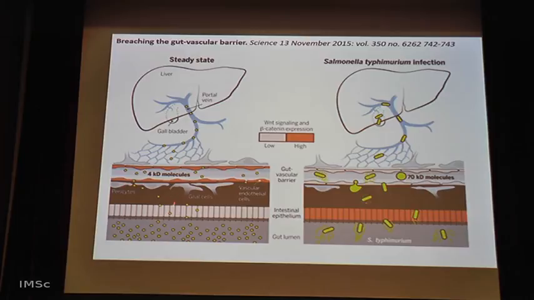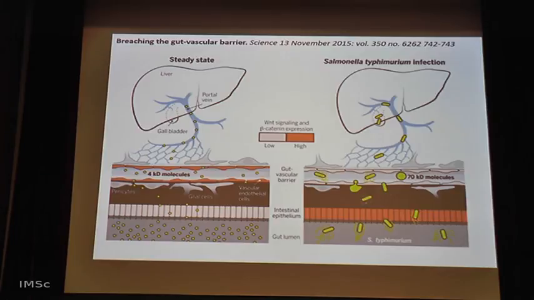So this is again the gut lumen, and this is the lining, and normally very small molecular weight substances can go through the barrier, because it's a barrier which is continuous. However, organisms like Salmonella typhimurium can actually find their way through the gut barrier, and that doesn't mean the barrier is completely damaged.